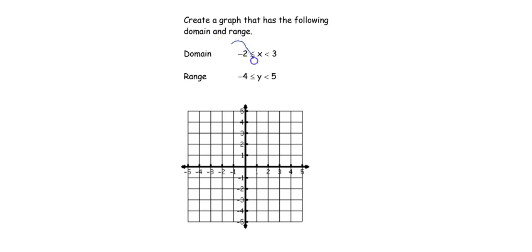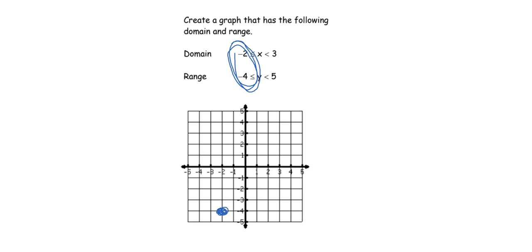We're going to say this graph. So we're going to look at my minimums here. My minimum in my domain is at -2, so my minimum x is at -2. My minimum y is -4. So we're going to put this right here.